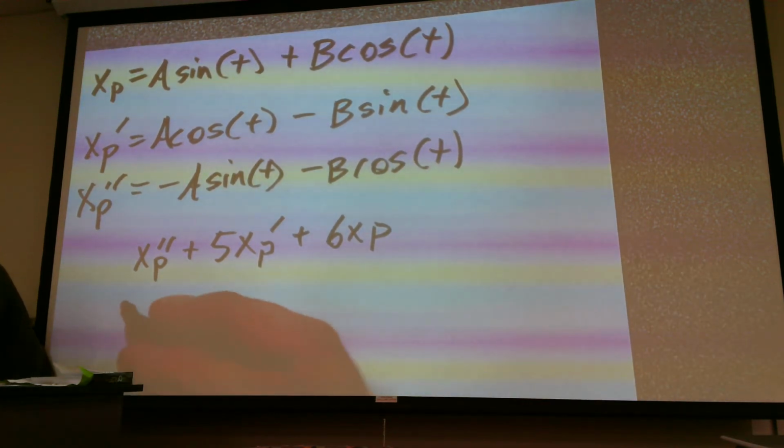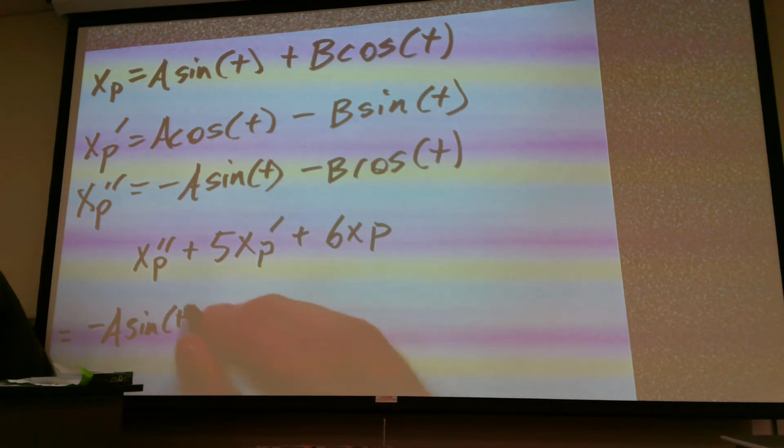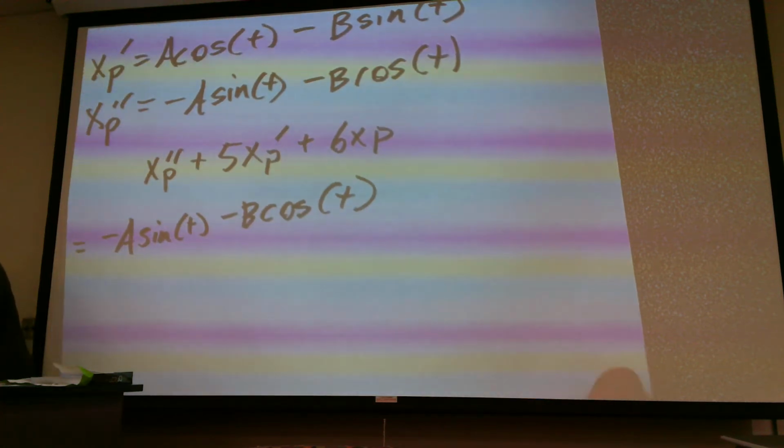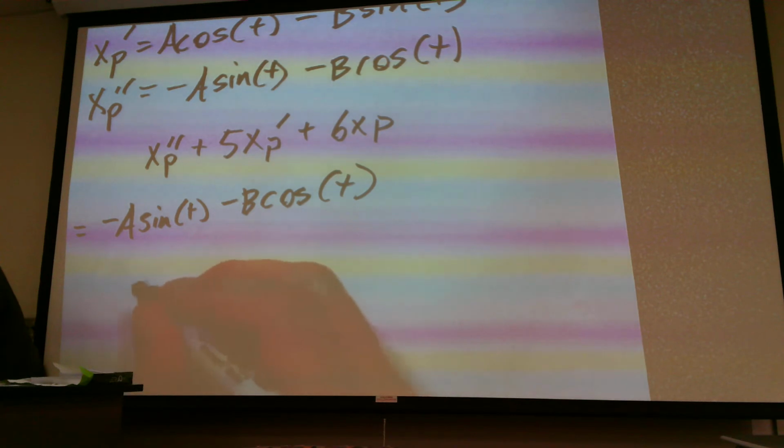So that would equal negative a sine of t minus b cosine of t. You know what, I'm going to write it vertically so I don't confuse anybody.